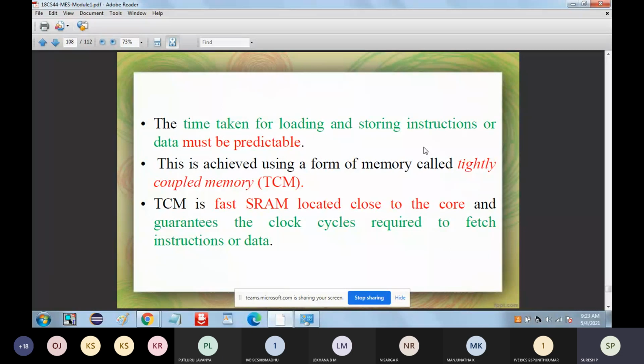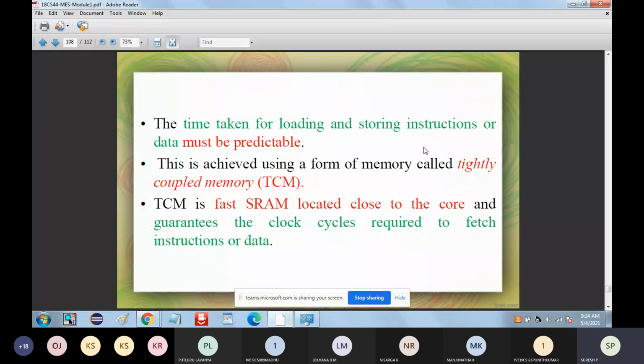Next comes the store instruction. The store instruction performs the operation where, after obtaining the result, the data will be moved from the register to the memory. These two instructions compulsorily have to be done.